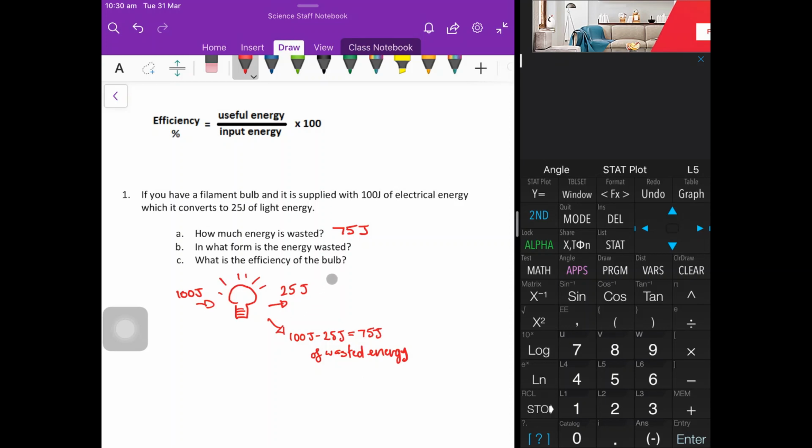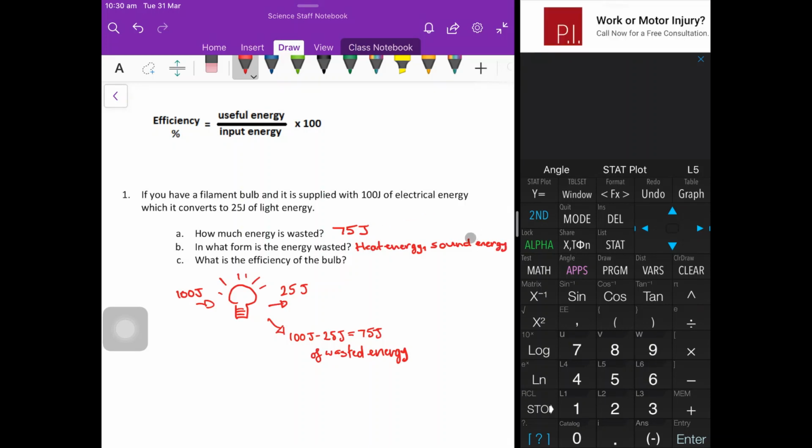If you think back to our little simulation before, we might say that the type of energy could be heat energy, perhaps. And you could also probably say maybe even a little bit of sound energy might be in there as well. The buzzing of the light bulb might also be considered a little bit of wasted energy.